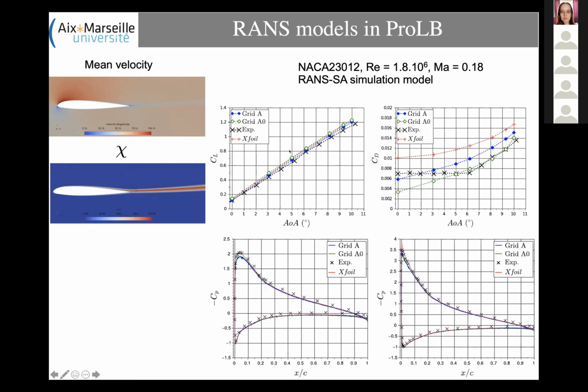And after that, of course, you can recompute some polar plots. For example, on the top here, you have the lift and the drag coefficient of the NACA wing versus the angle of attack. And we have two grids, grid A and grid A0, corresponding to a medium and a coarse grid. And we have experimental data associated to the crosses and a solution obtained by the X-Flow solver from NASA as a red symbol.